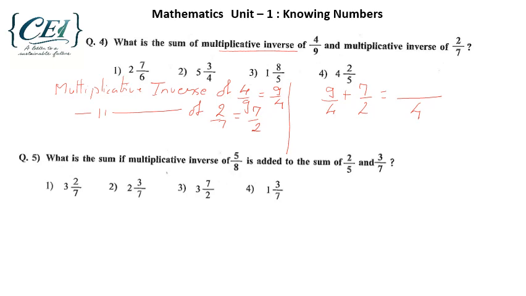So 4 ones are 4, so 9 into 1, plus 7 into 2 over 4. That is equal to 9 plus 14 upon 4, that is equal to 24 upon 4.